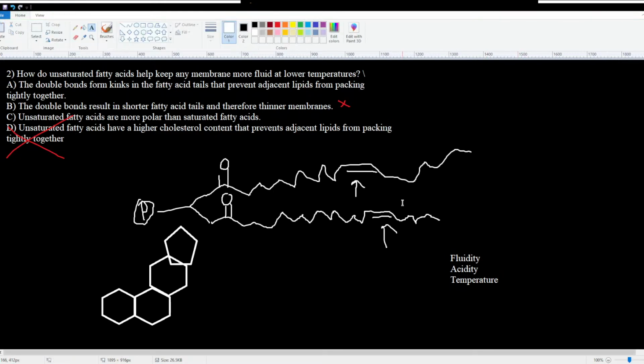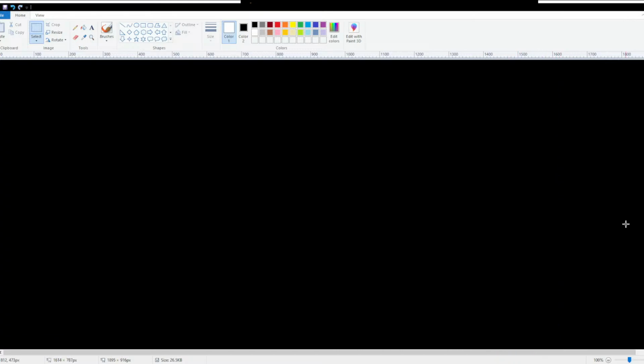These are your three things that are very important to maintain in the cell, right? Fluidity, acidity, temperature. And temperature affects fluidity, right? But fluidity is entirely dependent on how many double bonds or how much cholesterol is in the cell membrane. So, moving on. So, question 3.